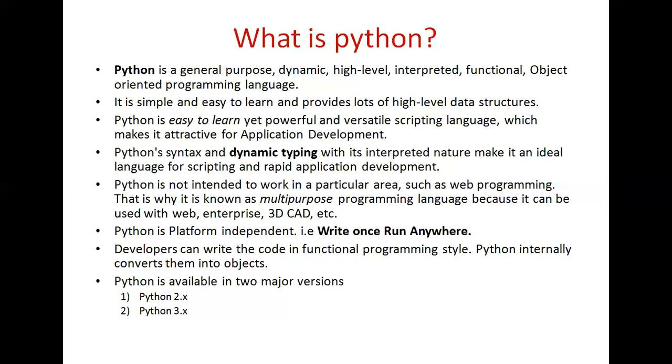What are object-oriented programming features? The object-oriented programming features are classes and objects, inheritance, abstraction, encapsulation, and polymorphism. These object-oriented programming features are not only for Python.